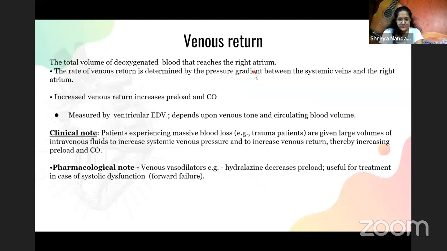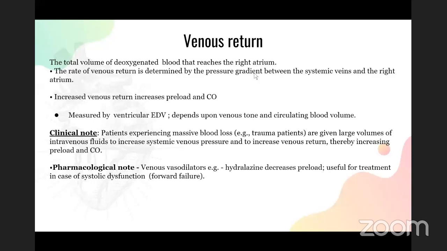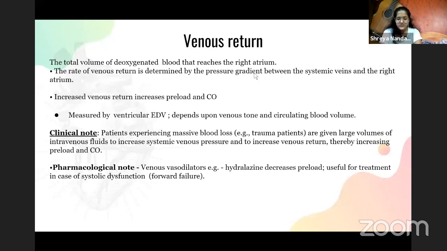Now we talk about the venous return, which can be defined as the total volume of deoxygenated blood that reaches the right atrium. It can be approximated by ventricular EDV, that is ventricular end-diastolic volume. There's a clinical note we need to remember: patients with massive blood loss, for example trauma patients, are given large volumes of intravenous fluids to increase systemic venous pressure.